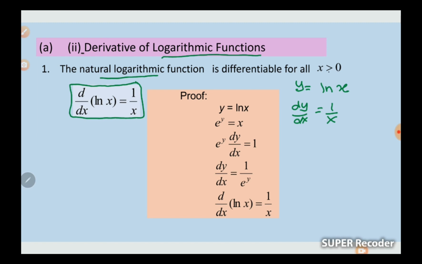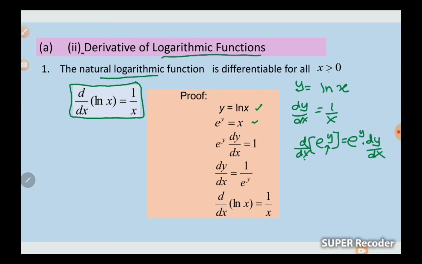So how to prove? If given y equals ln x, we change from log form to exponential form, e^y equals x. Then differentiate both sides with respect to x. Differentiate e^y is an implicit differentiation, because we want to differentiate y, a function in terms of y, with respect to x. So the answer is e^y, and differentiate y itself is dy/dx.